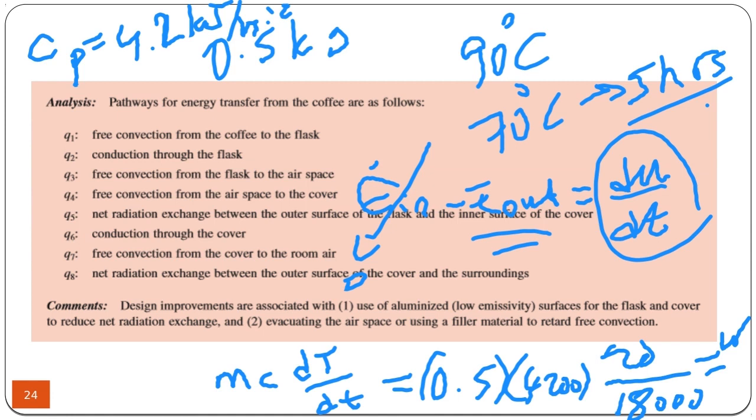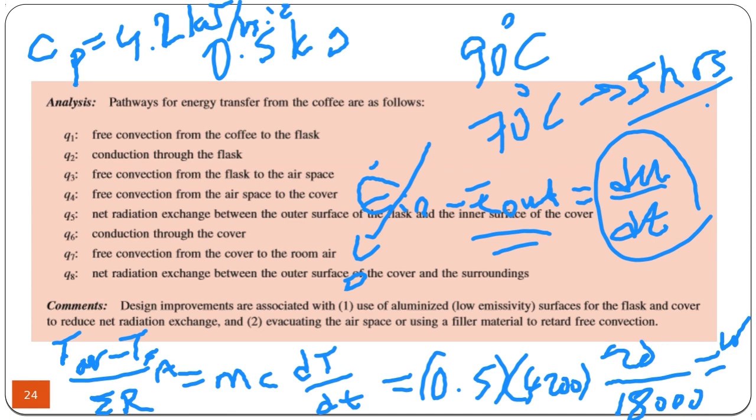And this watts is also equal to, on average, T average minus T surroundings divided by, sorry, this is not here. So delta T over R total.